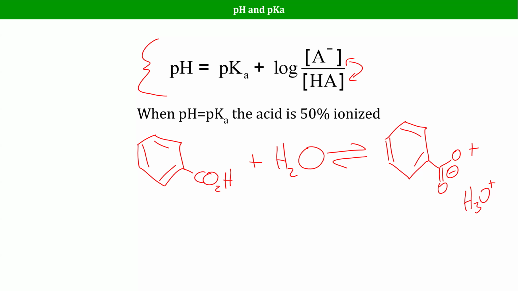So when these two concentrations are equal, this whole term goes to zero, which is another way of saying what this line says. If your pH equals pKa, the acid is 50% ionized, or 50% protonated versus deprotonated.